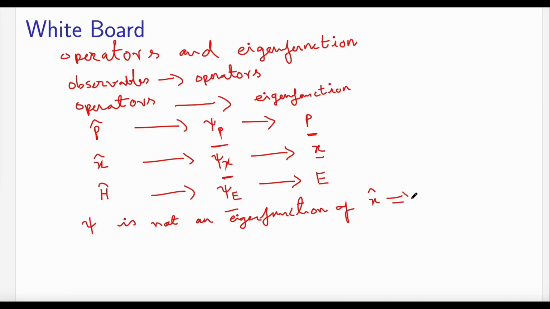It implies that measurement of position x will lead to different values.